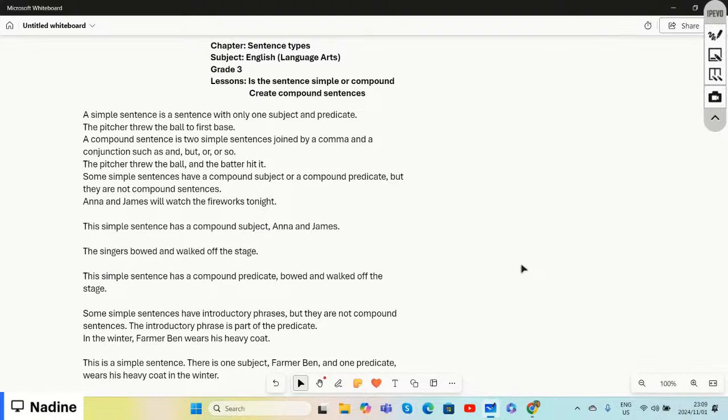Then we have a command sentence, and a command ends with a period. It is making a request or me telling you what to do. For example, somebody tells you to do your homework, or to go and read chapter one for Monday, or to clean your room.